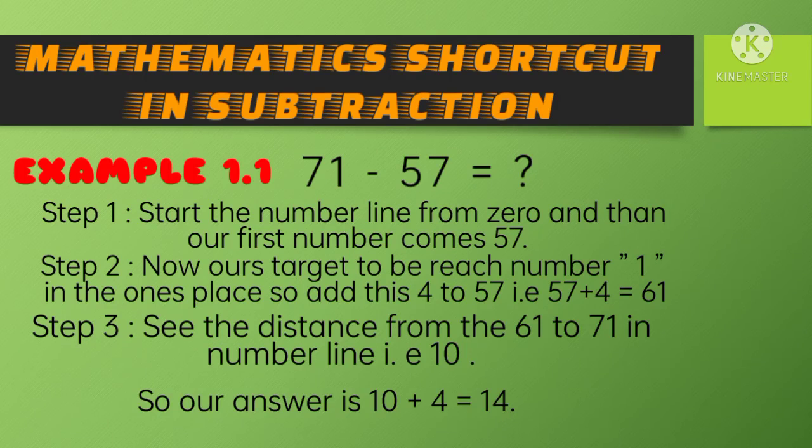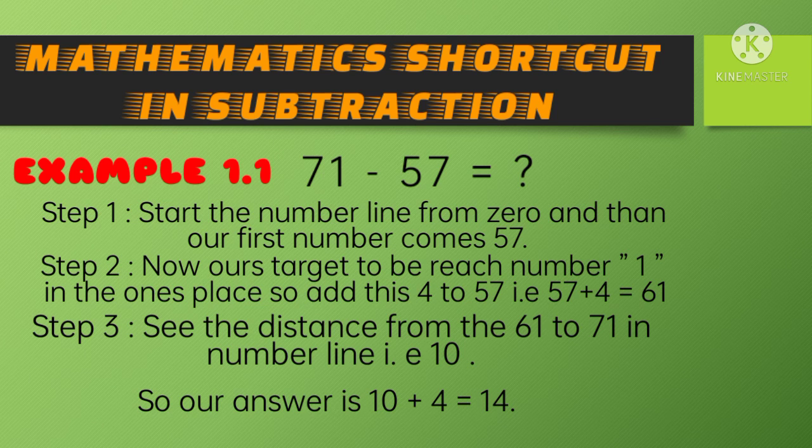Mathematics shortcut in subtraction. Example, 71 minus 57. Step 1, start the number line from 0 and then our first number is 57. Step 2, now our target to be reached is 1 in the ones place, so add 4 to 57. So the result will be 57 plus 4 is equal to 61.